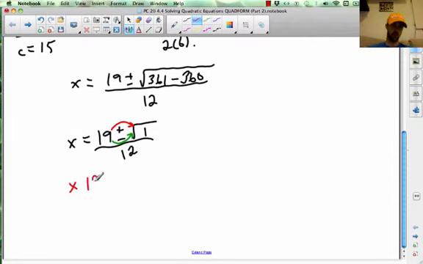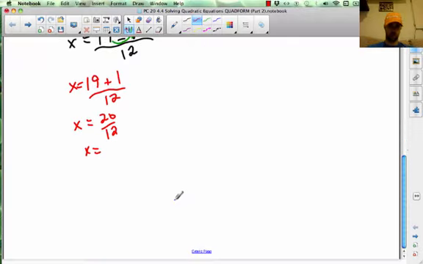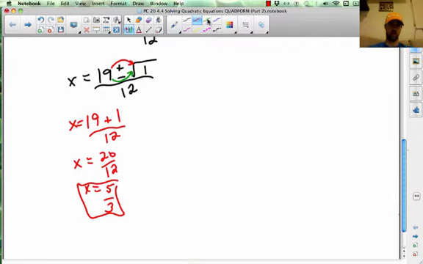So x equals 19 plus 1, all divided by 12, which is 20 over 12, and write it in lowest terms. They'll divide by 4 each, which leaves us with 5/3. So that's the top path of our answer.